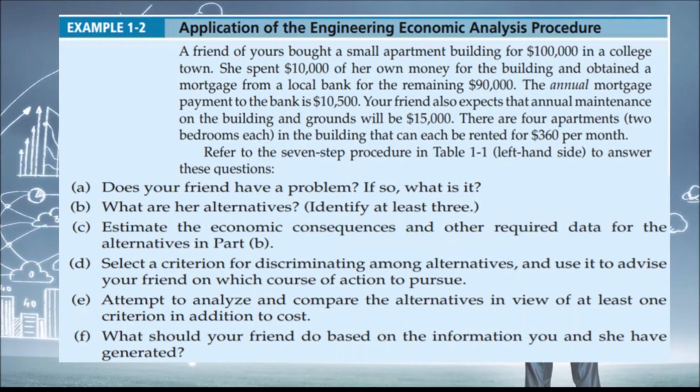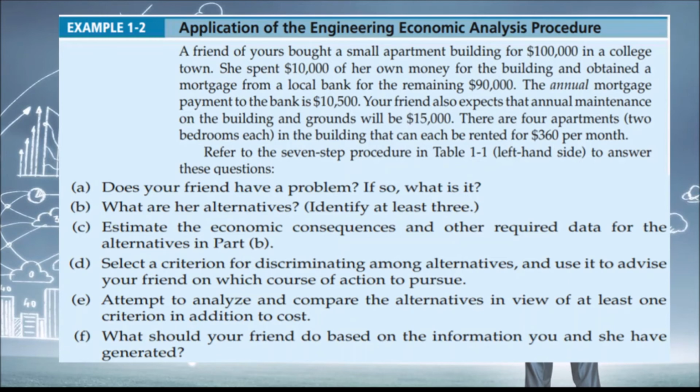Letter A. Does your friend have a problem? If so, what is it? Letter B. What are her alternatives? Identify at least 3. Letter C. Estimate the economic consequences and other required data of the alternatives in Part B. Letter D. Select a criterion for discriminating among alternatives and use it to advise your friend on which course of action to pursue.